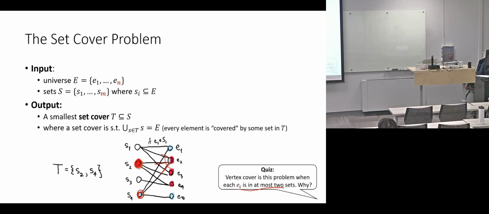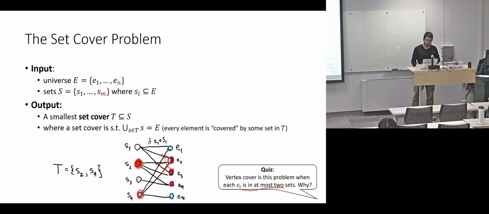So this side corresponds to vertices, this side corresponds to edges, and in the vertex cover problem we need to choose a set of nodes such that it covers all edges. In vertex cover, we want to choose the smallest set of nodes. Here we want to find the smallest family of sets. But I hope you see the connection.